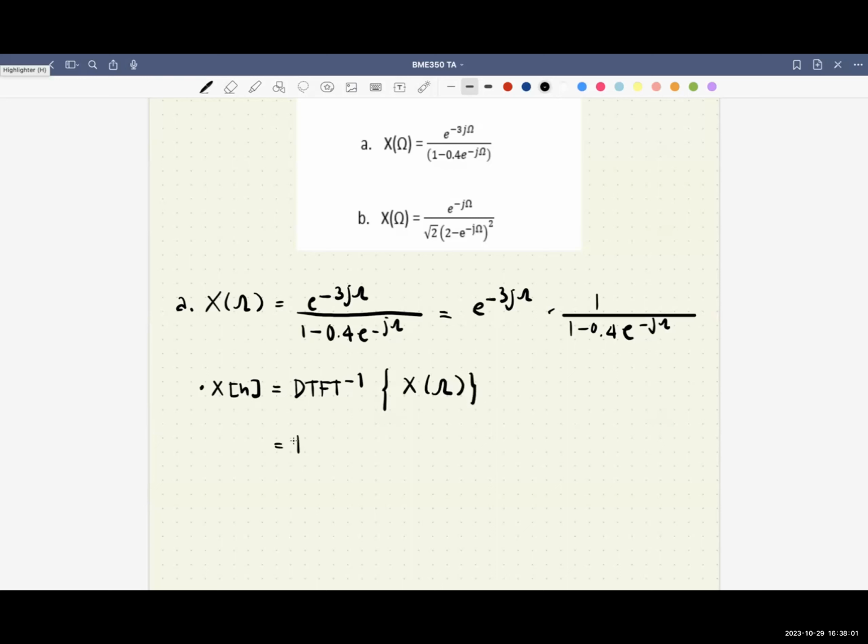I'll plug in the X(omega) that we just broke down, and we will get e to the power of negative 3j omega times this part.